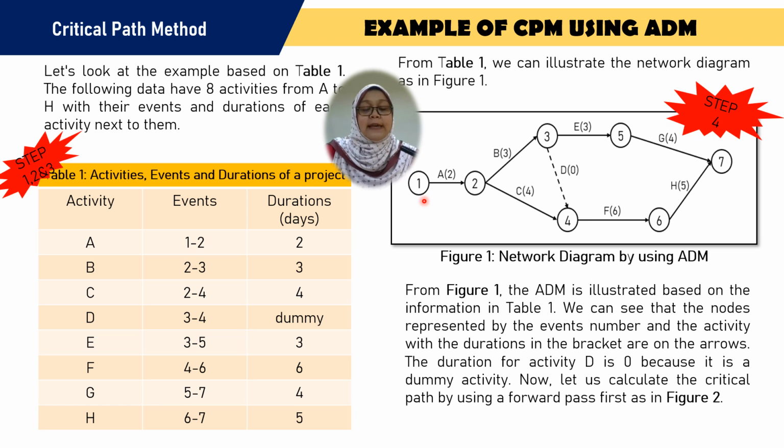So we have events 1, 2, activity A; event 2, 3, activity B; event 2, 4 is activity C; event 3 to 4 is activity D, which is a dummy activity, so the duration will be 0. Then we have event 3 to 5 representing activity E, event 4 to 6 representing activity F, event 5 to 7 representing activity G, and event 6 to 7 representing activity H.